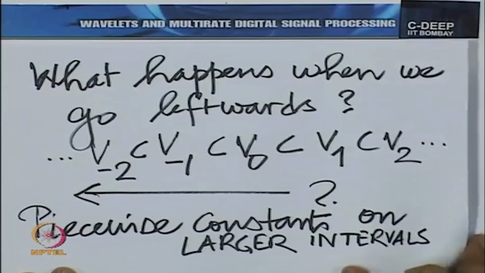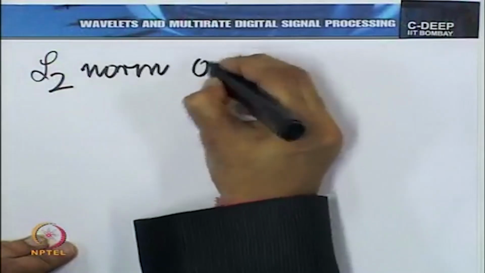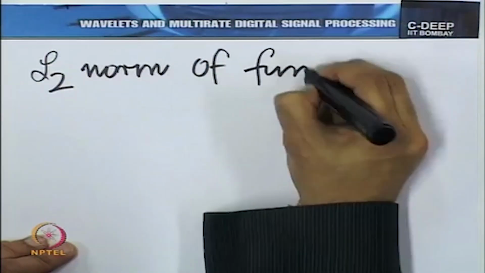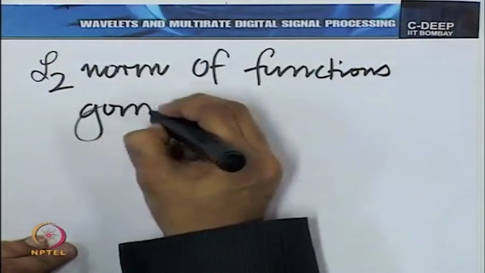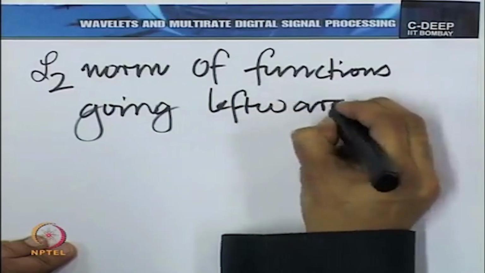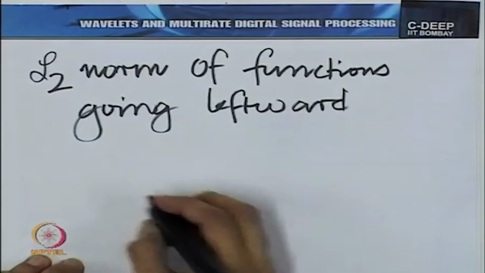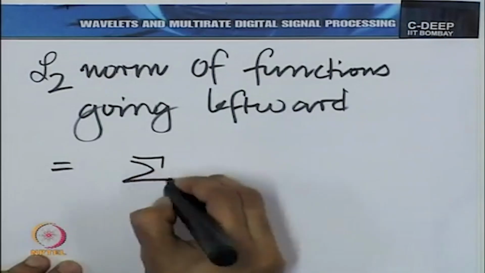Now, you see, what is the L2 norm of functions as you go leftwards? What kind of a form will it have? It is going to have a form like this, summation on n.